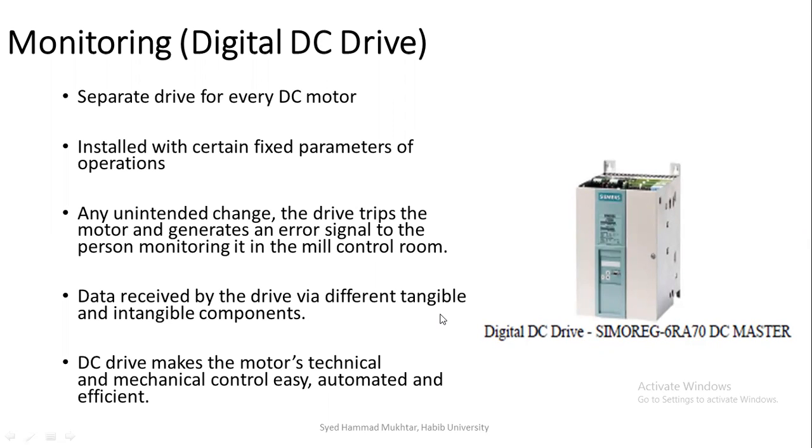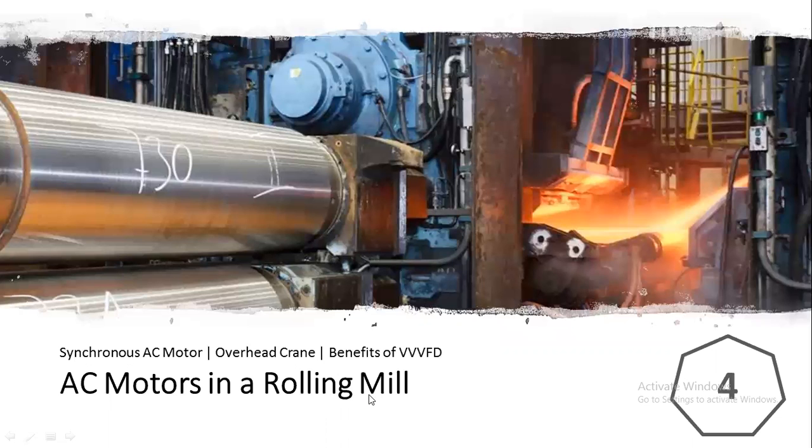With such data, the drive makes adjustments to the operation of power components of the motor accordingly. Similarly, the drive controls the torque, current, armature voltage, and so on of a DC motor depending on the data received. And all of this feedback and control allows the drive to make the motor's technical and mechanical control easy, automated, and efficient.